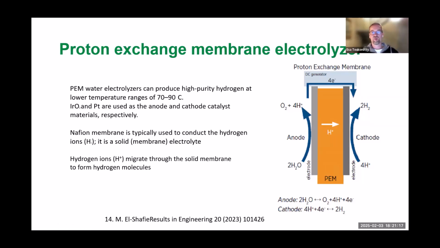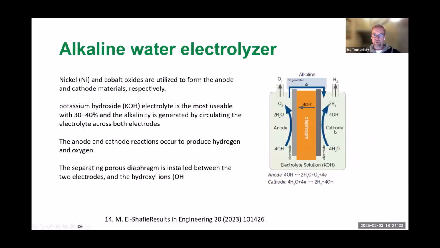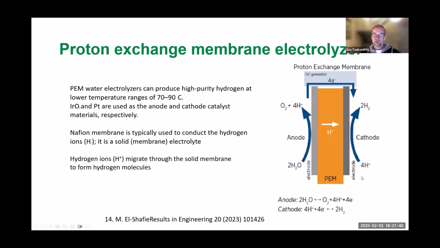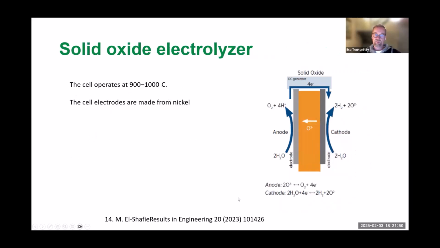It prevents movement of the gases and other ingredients in that cell. The reactions here have been described. Basically, hydrogen evolves at the cathode side. Here it is the same, but it's not always the same. It depends on the type of electrochemical cell or electrolyzer.